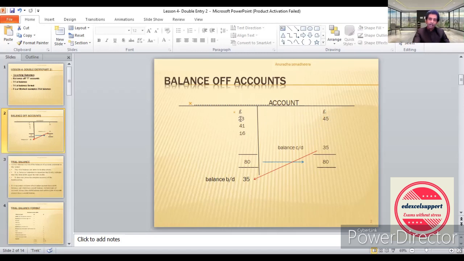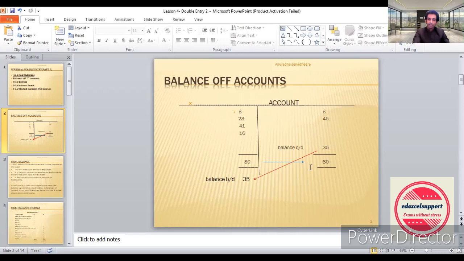So the highest value is on your debit side. We take that total down and double line this. Then you bring it to this side and double line. On this side your total is only 45. Then the balance will be, to make it 80, 35.